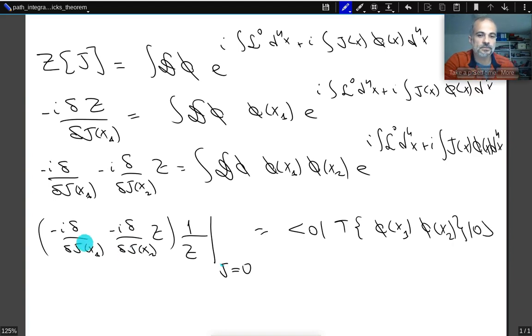And by taking further derivatives, I can calculate the time ordered product of more operators over here. So you see that for me to calculate these matrix elements of these time ordered products, it's enough to calculate Z of J. Now let's look at Z of J.